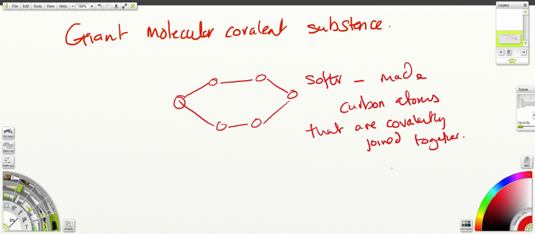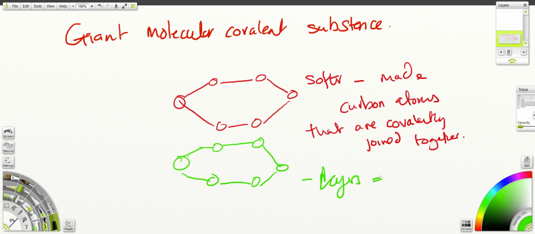However, unlike diamond, which had that very strong structure, graphite is made in layers, a top layer and a bottom layer, which is what makes it quite soft. Those are really the things you need to know. These again represent carbon atoms.